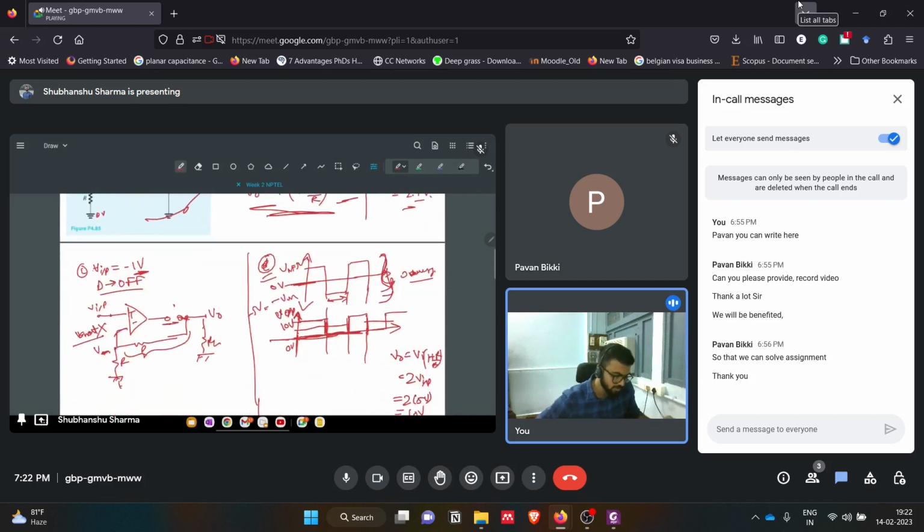What this circuit did was shift the DC offset to 5 volt. The output wave is now symmetrical about 5 volt.